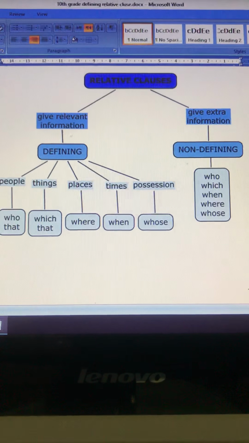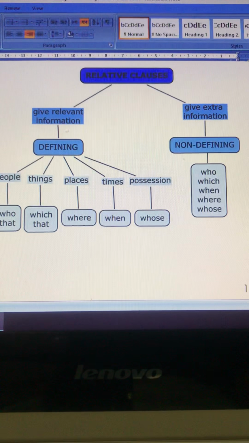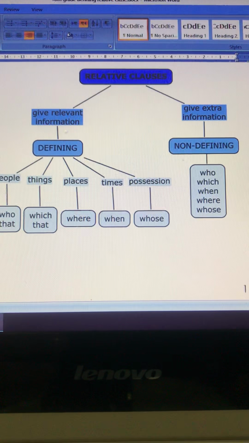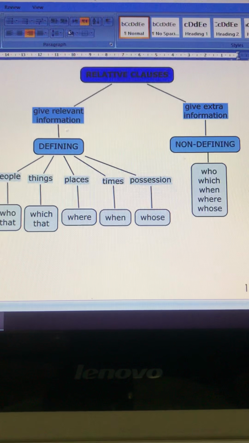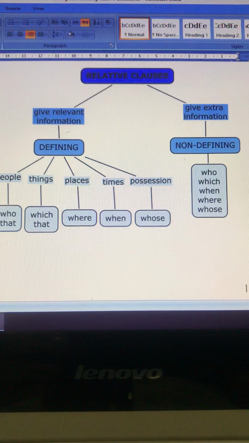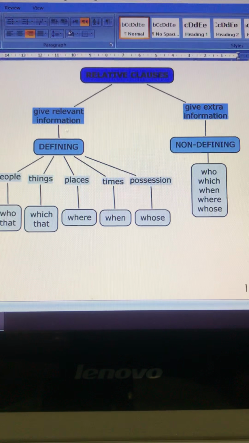So, according to the diagram, as you can see, we have the relative clauses, we have the defining and non-defining ones.